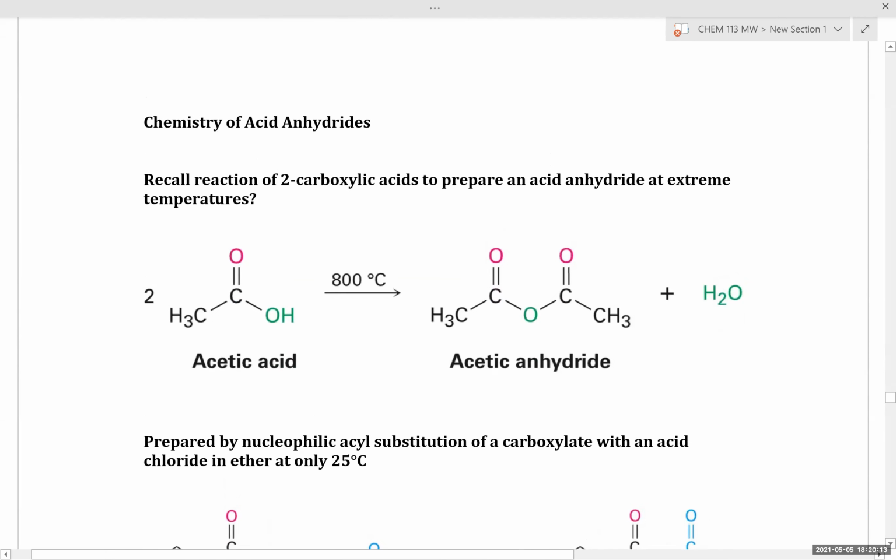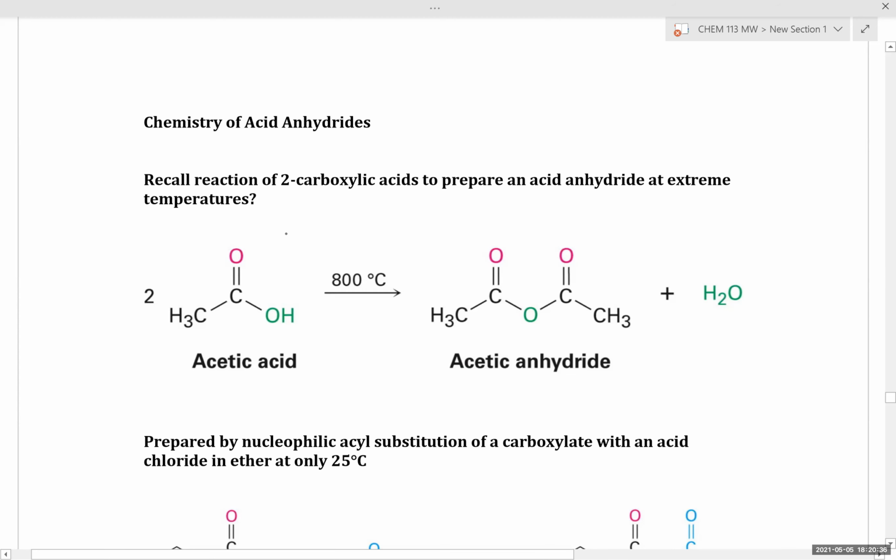So let's talk a little bit now about the chemistry of acid anhydrides. This is going to be almost a repeat of our discussion of acid chlorides. So we can prepare anhydrides via dehydration of the corresponding acid under high temperature conditions. This is known as pyrolysis.